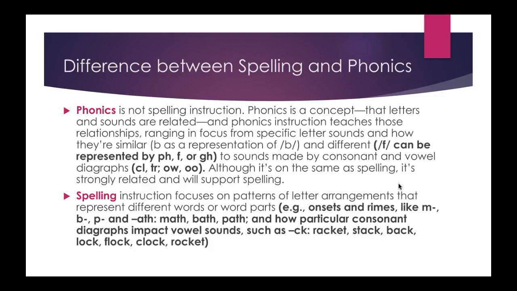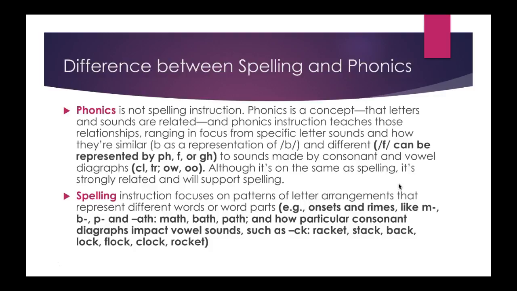So spelling instruction is again going to focus more on patterns of letter arrangements. So again, onsets and rimes, as well as how different consonant digraphs can impact vowel sounds. So, for example, the CK: in phonics instruction, you would just teach that that makes a k sound, right?